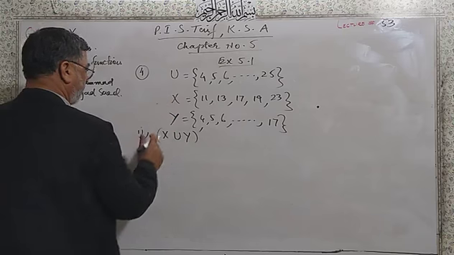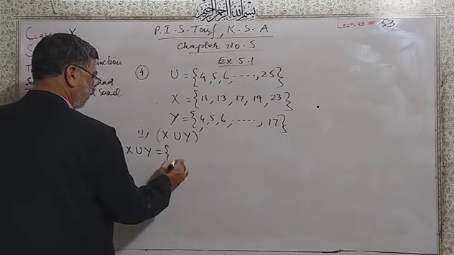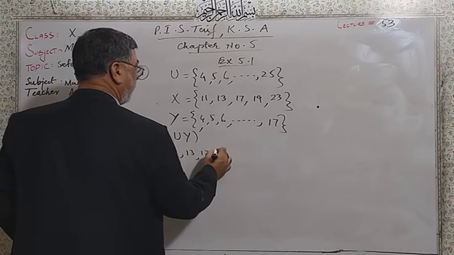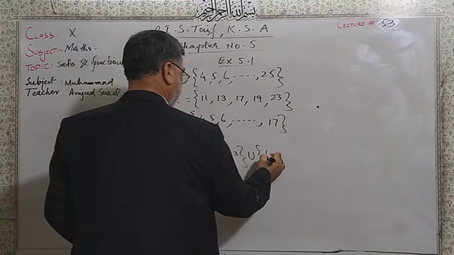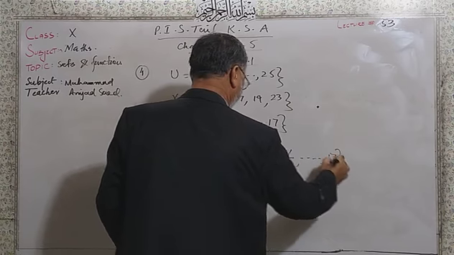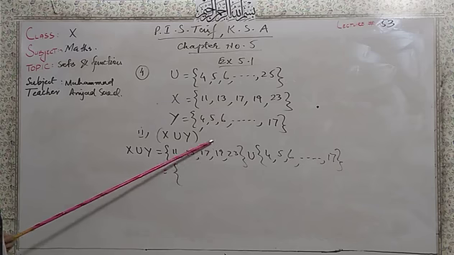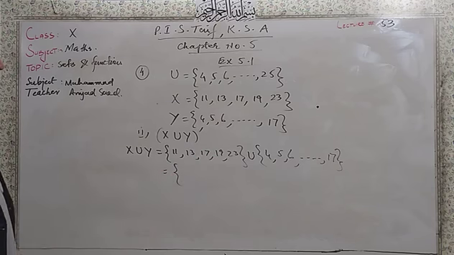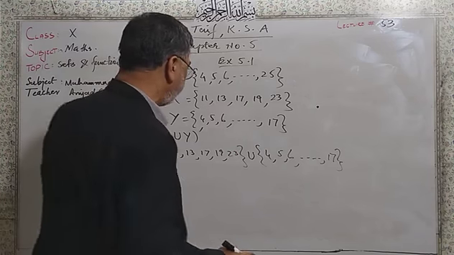First of all, we will find X union Y. X is 11, 13, 17, 19, 23. Y is 4, 5, 6 up to 17. Dear students, X union Y means you have to combine both sets and common members will be written one time.